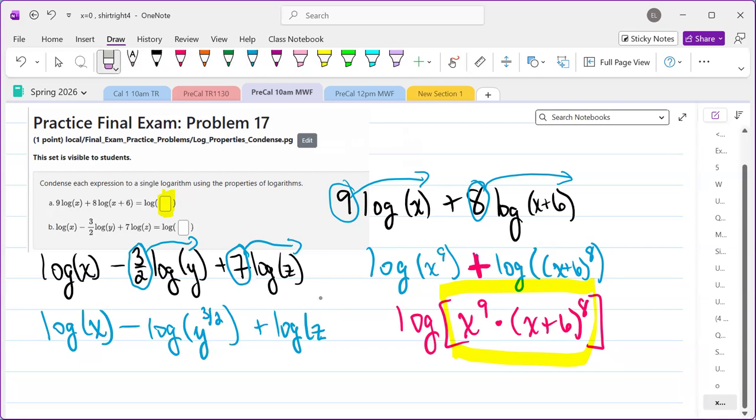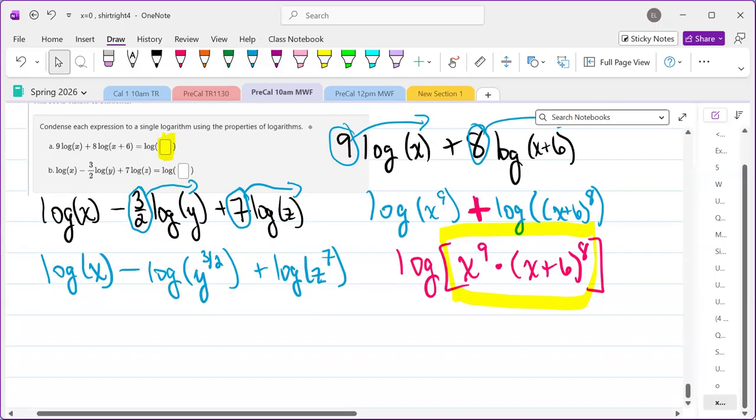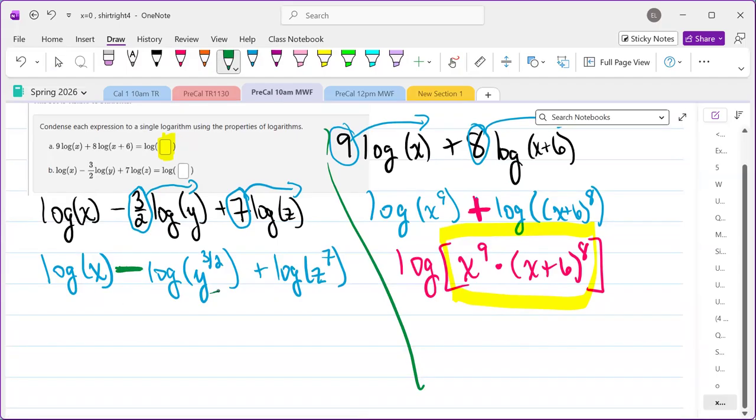All right, now I no longer have coefficients in front, so I've got log of thing minus log of other thing plus log of third thing. So that minus tells me I'm going to write these two as a single logarithm.